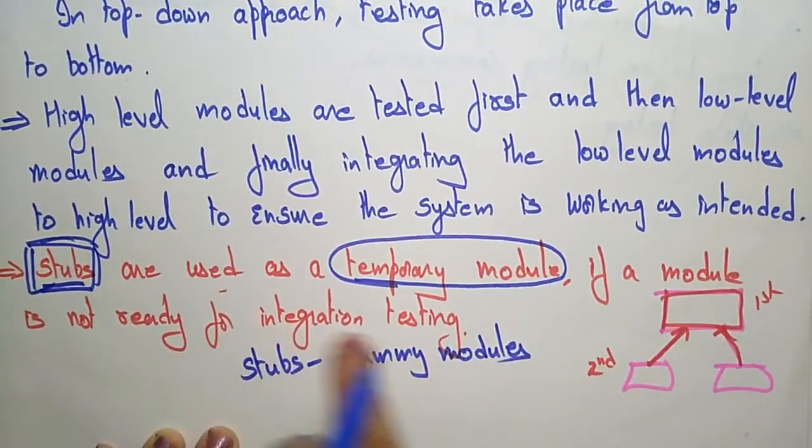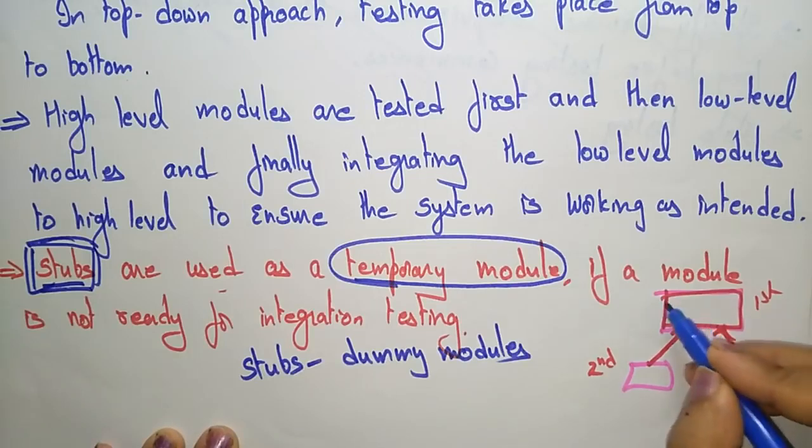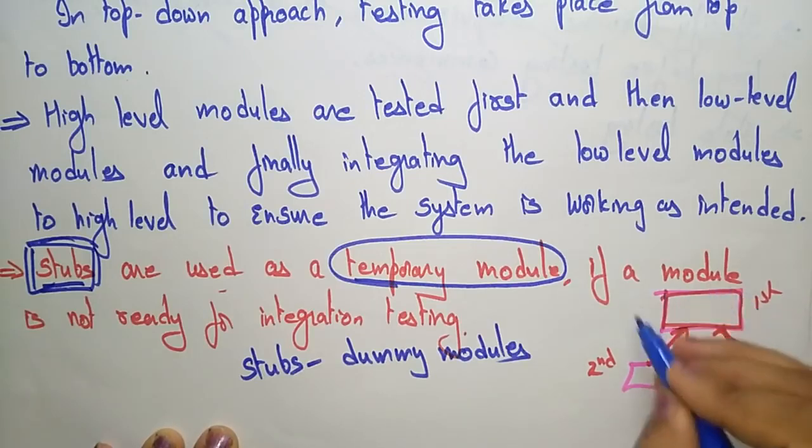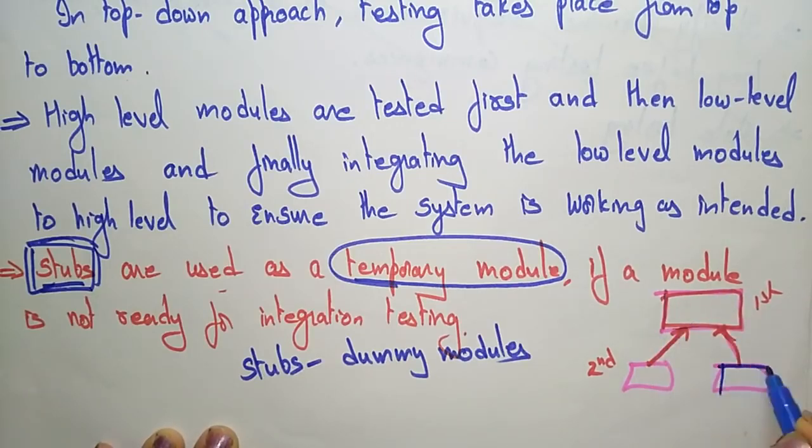If a module is not ready for integration testing, suppose this is the main page, and here this module is still not ready. But if you want to do an integration testing on this too, but this module is not ready, instead of this module, you can put a stub here. That is a temporary module.